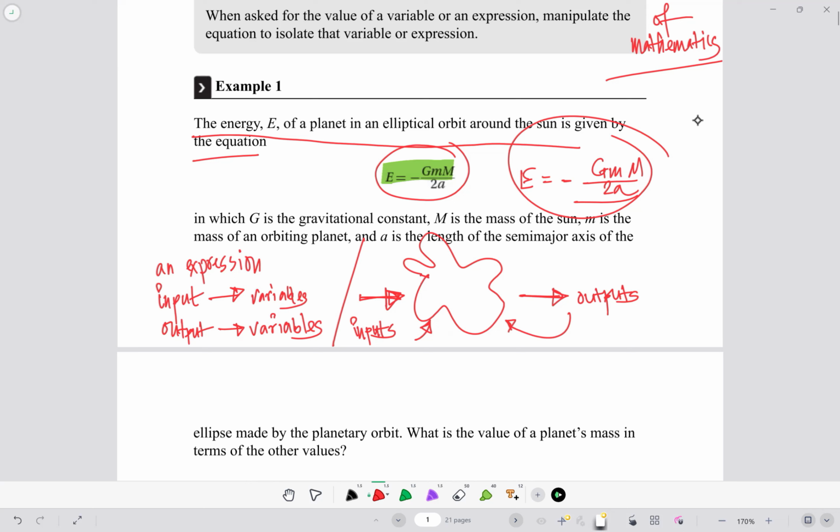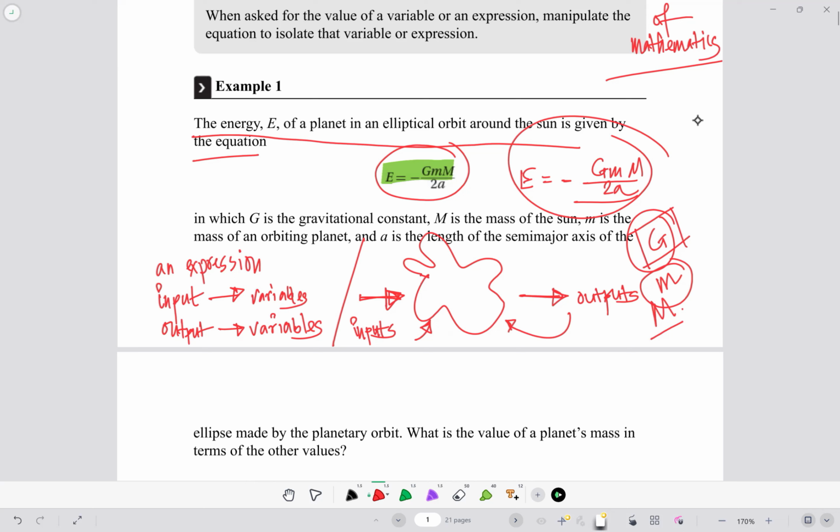For example, the capital G is the gravitational constant. The small m is the mass of an orbiting planet, and the capital M is the mass of the sun.